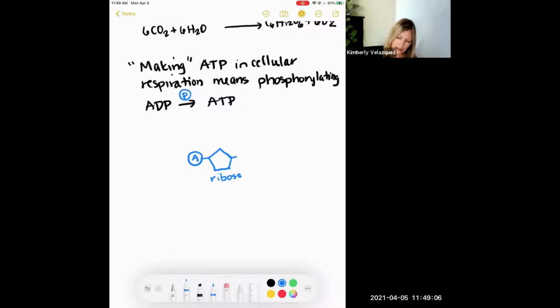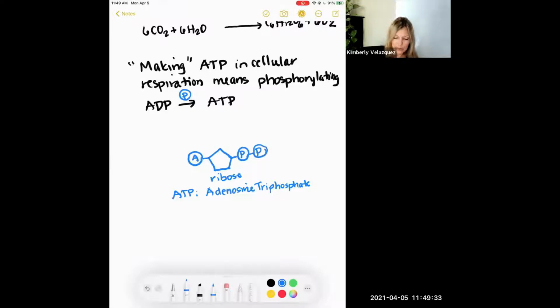And then if this was an RNA nucleotide, it would just have one phosphate group. But I'm going to draw ATP first, adenosine triphosphate. So ATP means adenosine triphosphate, 3 phosphate groups. So one's already drawn, there's number 2.